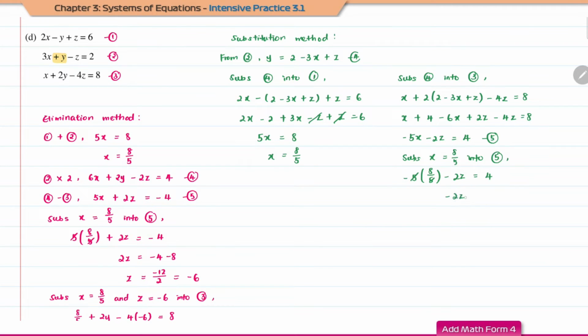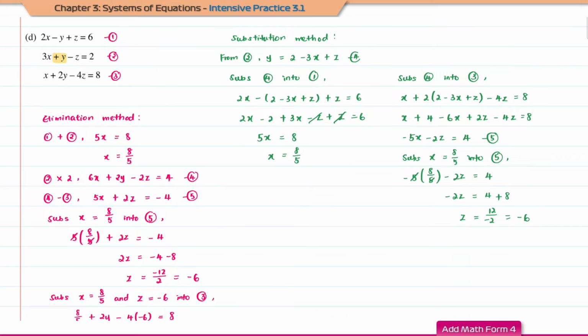So negative 2z will equal to this number 4. Here we have negative 8. When we move to the other side, it's going to be plus 8. So z will be equal to 12 divided by negative 2. So z is equal to negative 6.